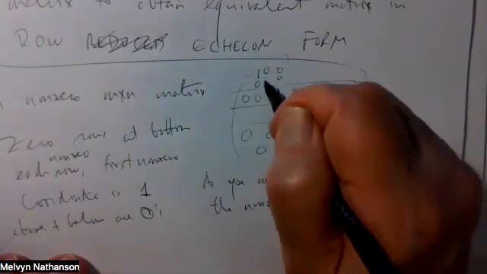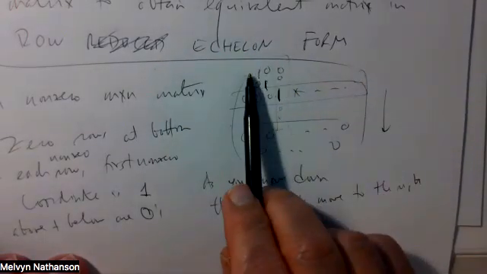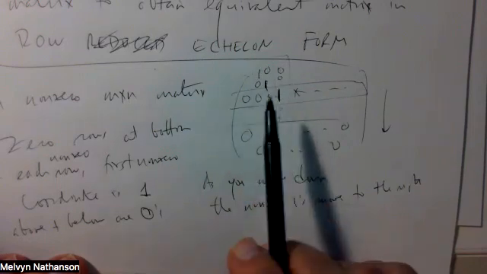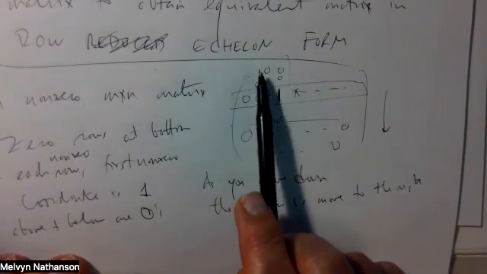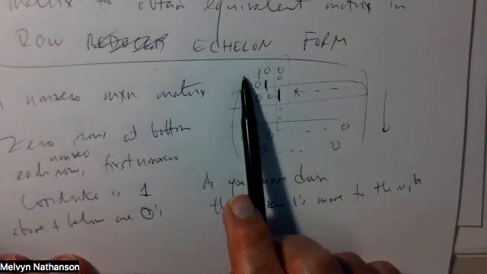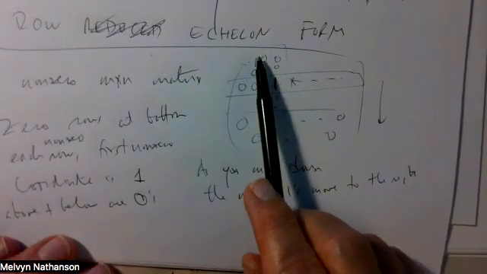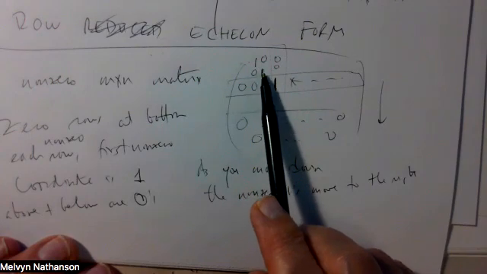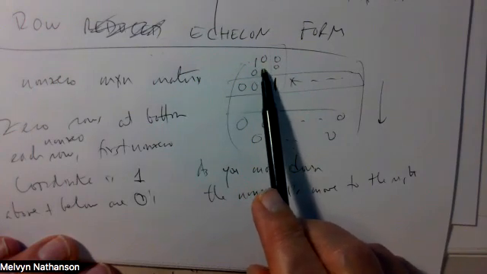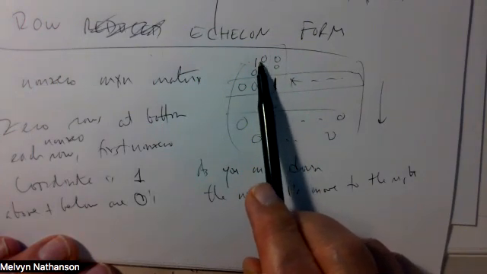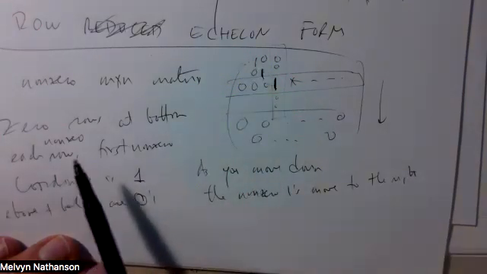In the next row, the 1 is in a column to the right of this, and so forth. So in each non-zero row, you start with a 1, everything above and below it is 0. And as you go from one non-zero row to the next, the 1 that you see is to the right of the one that was in the previous row.